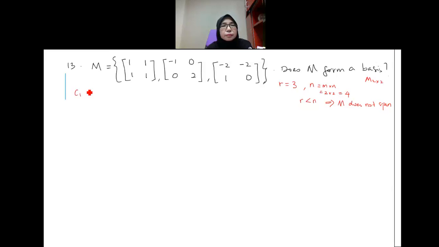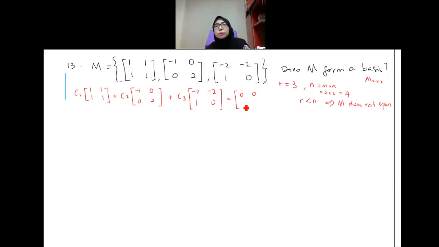C1 multiplied with the first vector, this matrix, plus C2 second vector, 0, 0, 2, the third vector, the third matrix. These vectors in terms of matrices equal 0, 0, 0, 0 for linear independence.